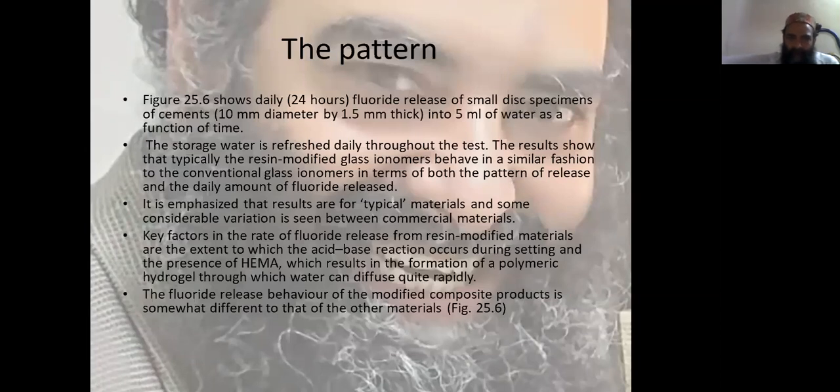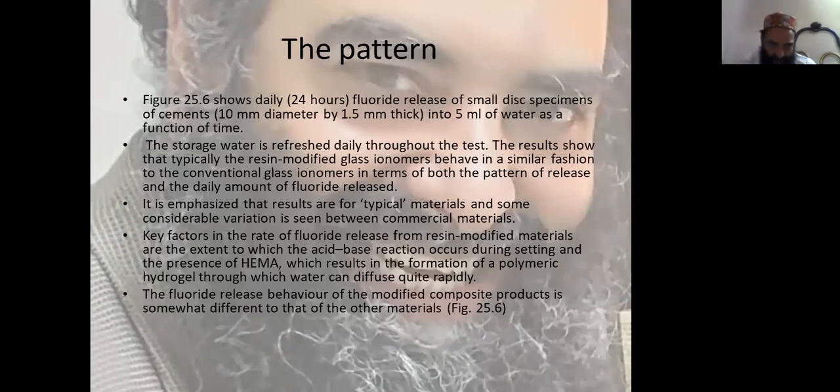Now the pattern: 24-hour fluoride release of small specimens of cements, 10 millimeter diameter by 1.5 millimeter thickness, into 5 ml of water as a function of time. Storage water is refreshed throughout the test.